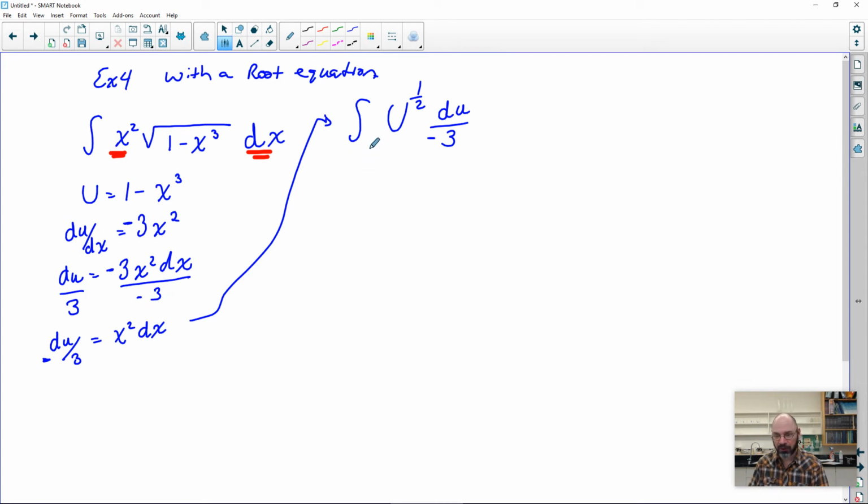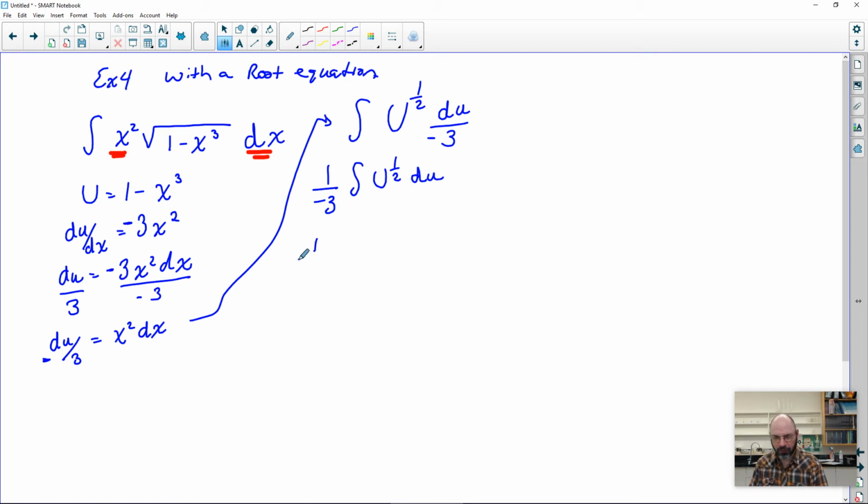Okay, so now we've got to bring the 1 over negative 3 out front, so that we have u to the 1/2 du. Now we do integration rules, so that's adding.